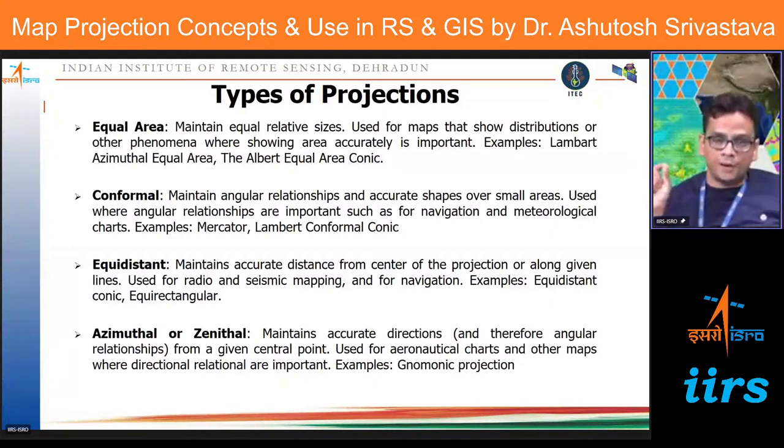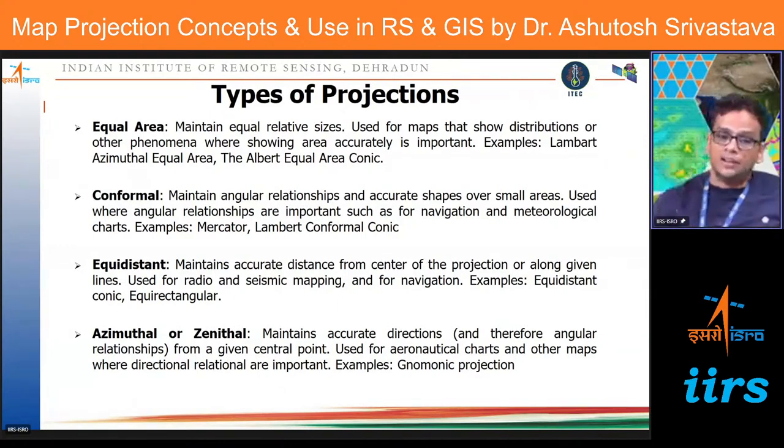When we are projecting and generating these maps, there are certain things we need to keep in mind, like what exactly is our objective, as per which we can select a map projection. But when we are generating these maps, there are certain properties which can be preserved and certain properties which cannot be preserved.